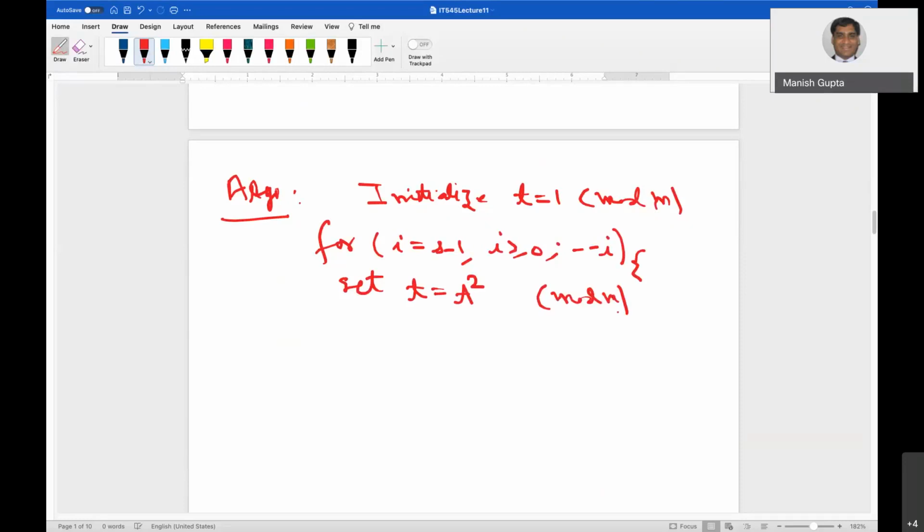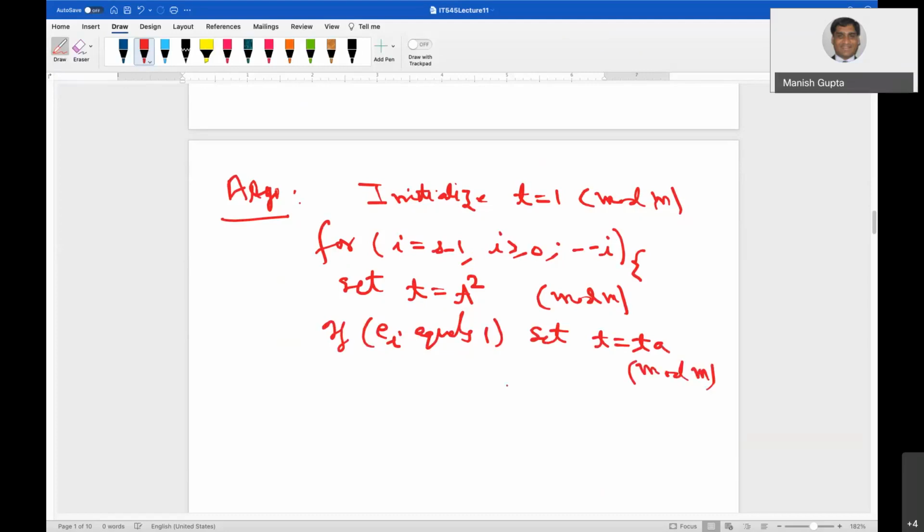So now, depending upon the value of ei, the ith component of the exponent, that component will be either 1 or 0, right? If it is 0, we ignore, but if ei equals 1, we multiply: set t is equal to t times a mod m.